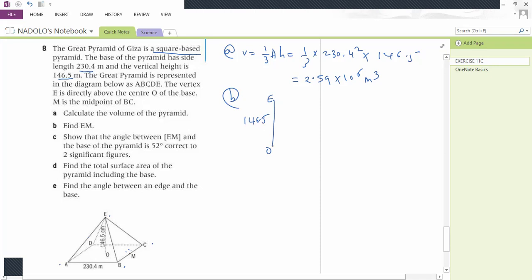I'm also going to draw OM. OM is half AB, which is 230.4. If you divide by 2, you get 115.2. So we will calculate EM using Pythagoras theorem since this is 90. So EM is square root of the other two sides squared.